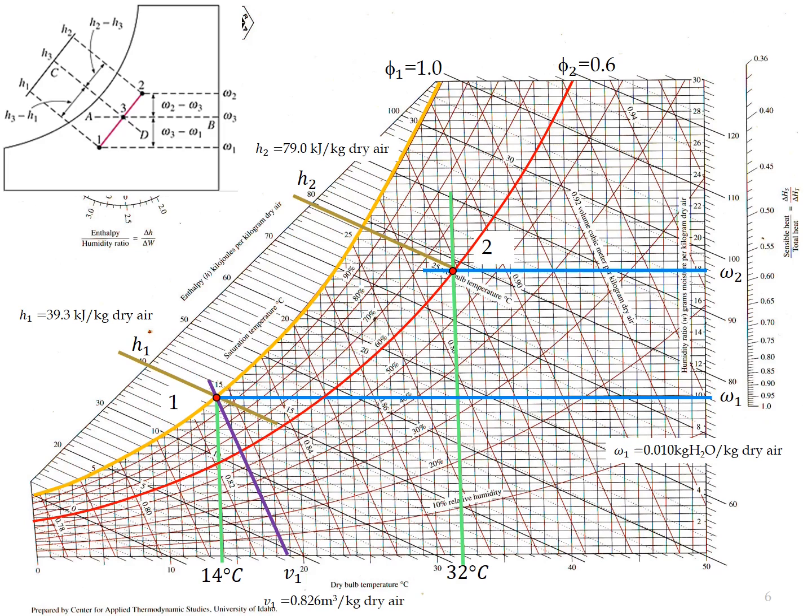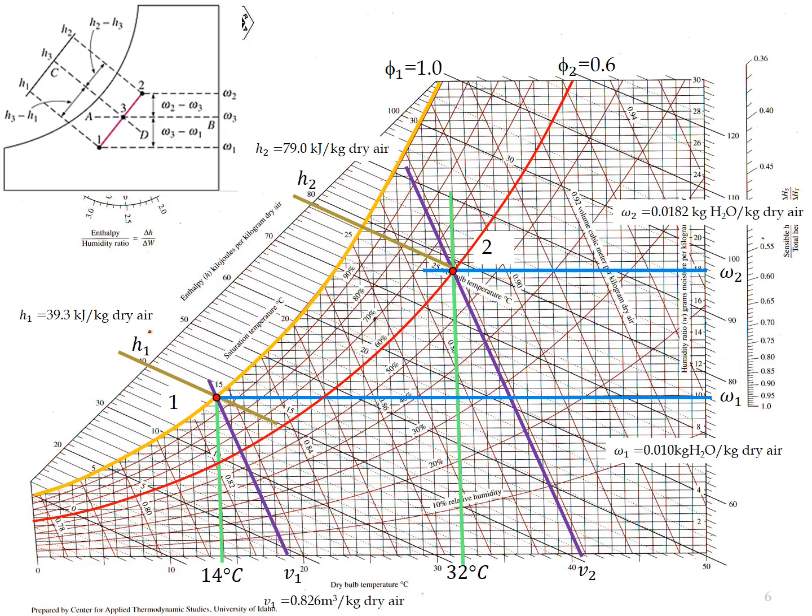Okay, from the intersection point for state number 2, draw the horizontal line, intersecting with the specific humidity axis. So we'll get the value for omega 2, where omega 2 equal to 0.0182 kg H2O per kilogram dry air. And also we can determine the value of V2.